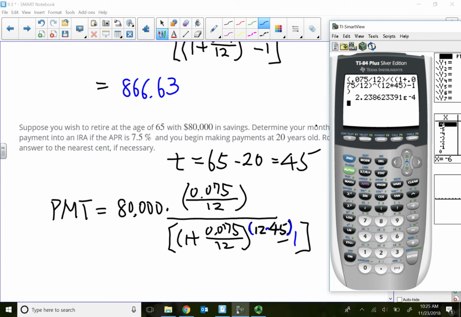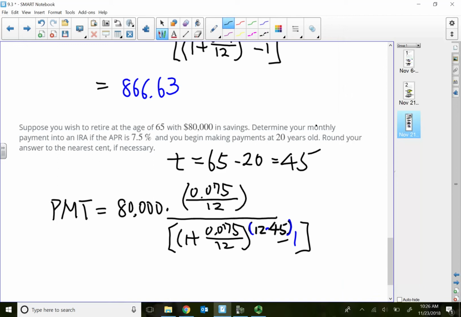All right, times that by 80,000. So the monthly payment is just $17.91. Okay.